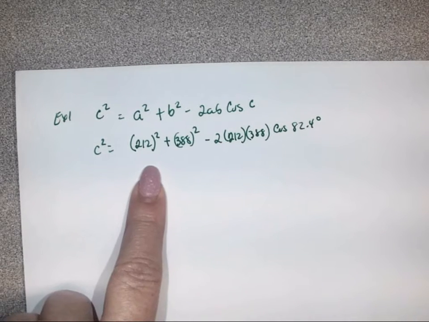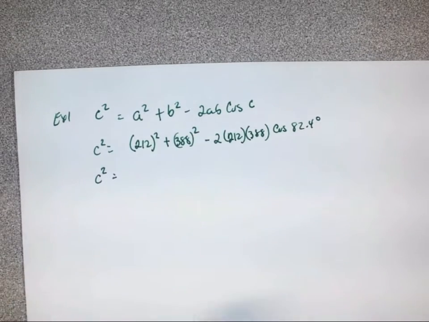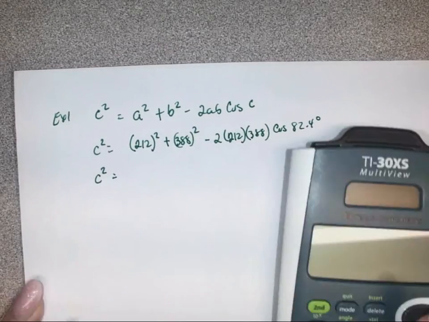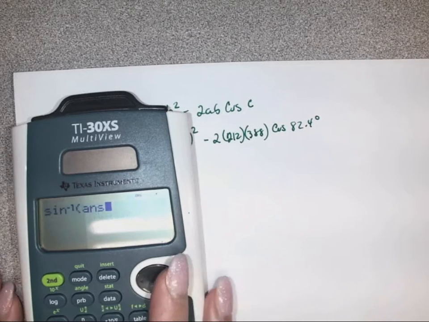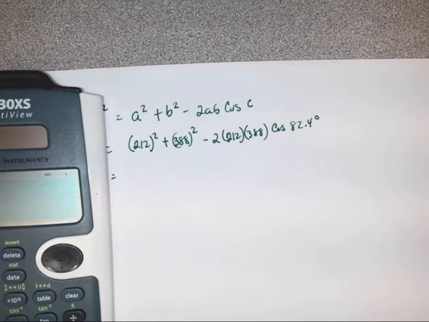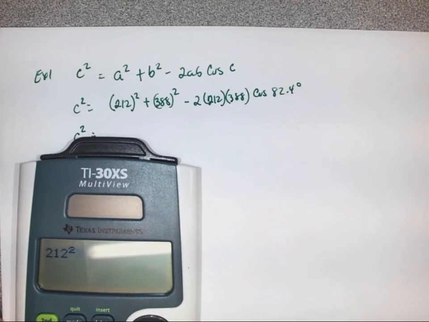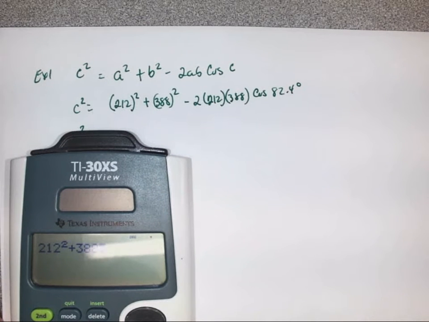Now, you can piece this out, or you can put all of this into a calculator, and that's what we're going to do. So we're going to have 212 squared plus 388 squared minus 2 times 212 times 388 times the cosine of 82.4.